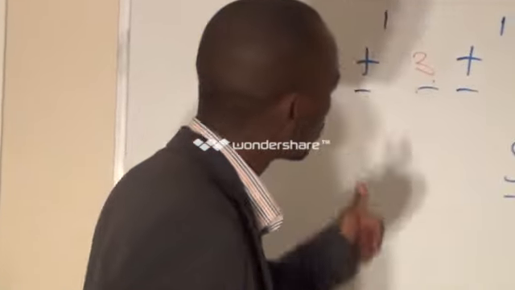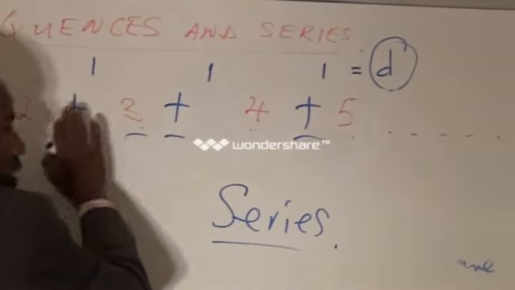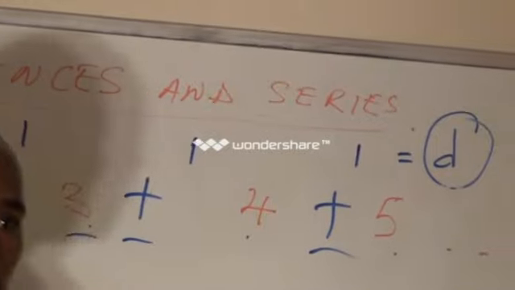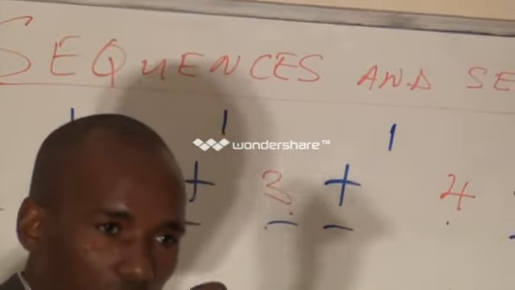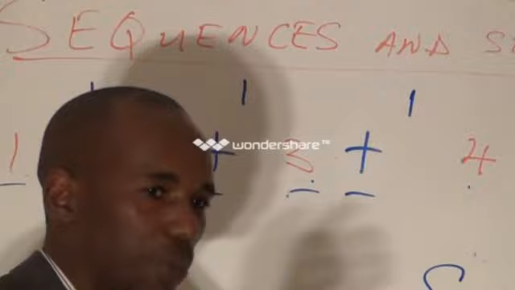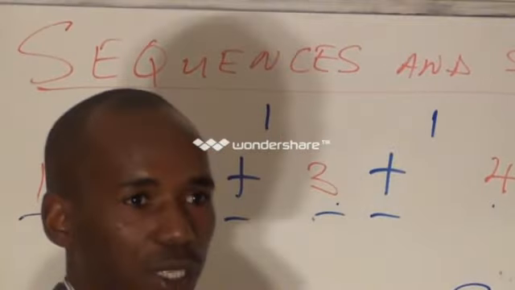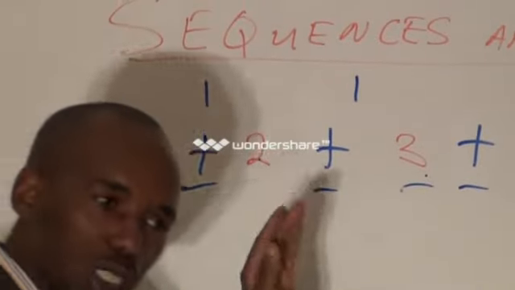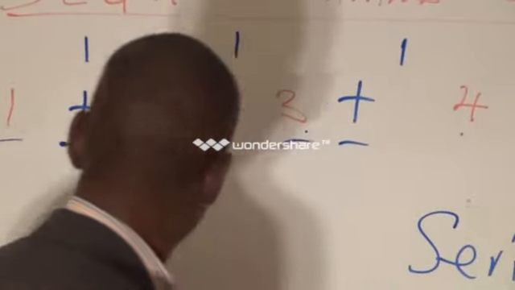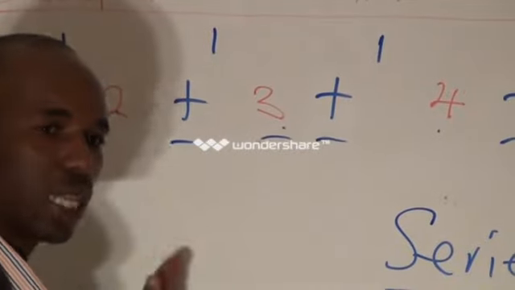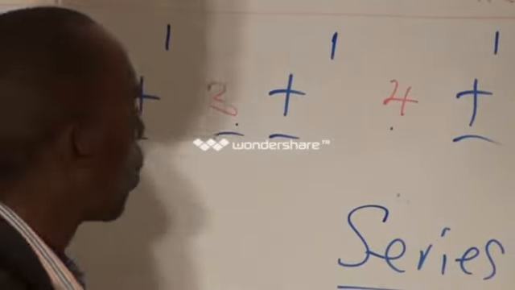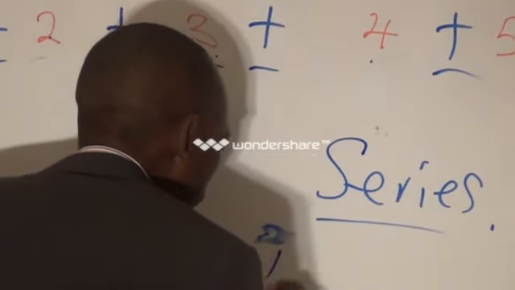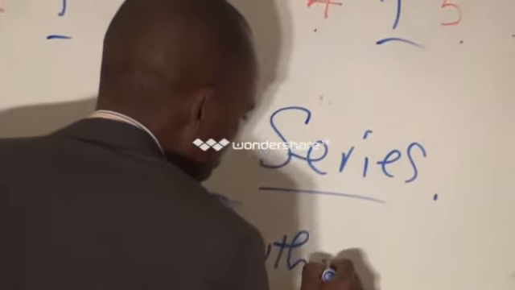But just as we said, this sequence without the additions is an arithmetic sequence because we are adding a common number. Or maybe we could be subtracting a common number, but there's that common difference. Equally, if we were to look at a series where the terms are dependent on each other because of a common difference, we call such a series an arithmetic series.